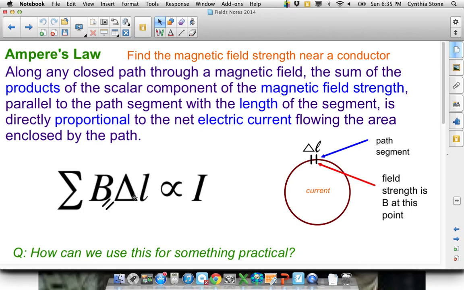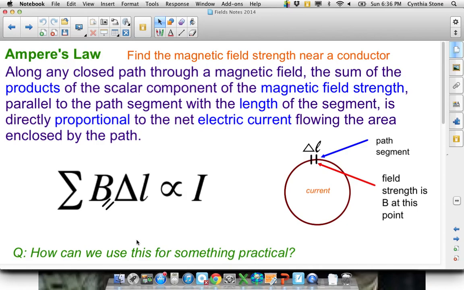If I found those two, that would be proportional to the current. So if I raised the current, this product, delta L times B, would be bigger. That's what proportional means. If I decrease the current, this product would be lower. Really that's all this is telling me, and we can't use this as is. This is going to turn into an equation that you'll just be able to use.